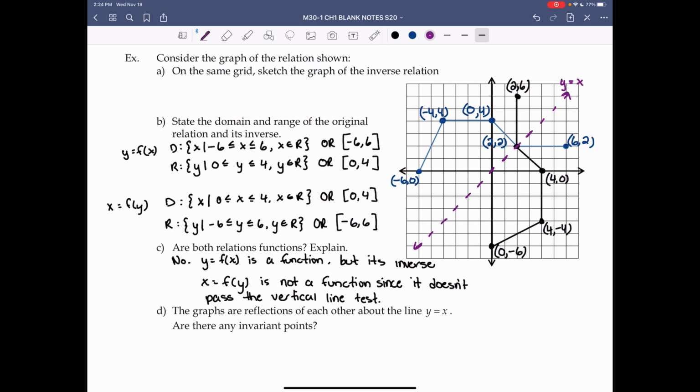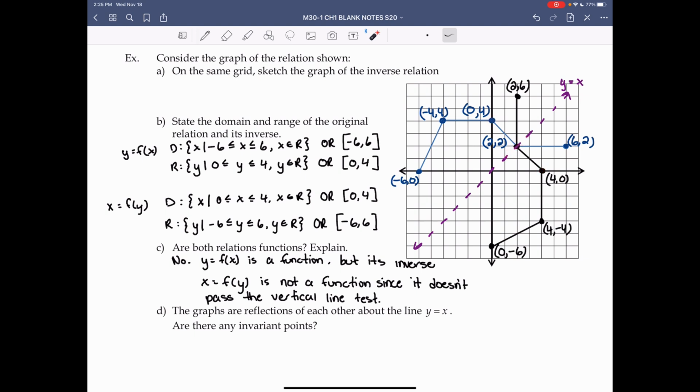We can see this if we take a point and count how far away it is from the line. This point is 1, 2 diagonal away from the line, and the point that it corresponds to on the inverse is 1, 2 diagonally away from the line. So the point 0, 4 becomes the point 4, 0, which is just a reflection across the line y equals x.